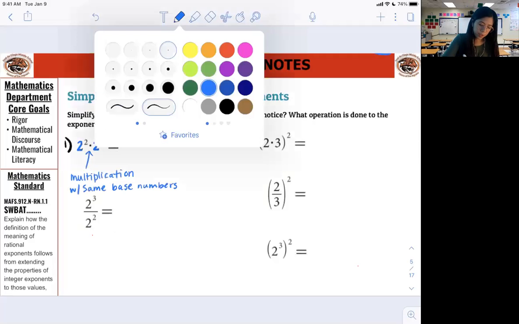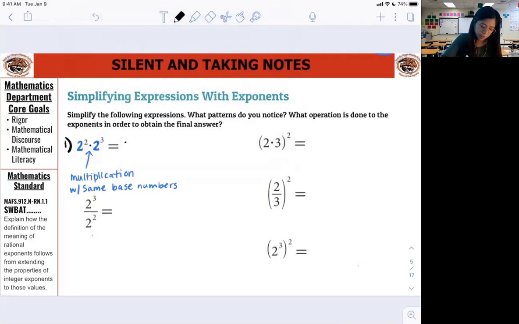We know that this is the same as 2 times 2, that's 2 squared, and then 2 times 2 times 2, 2 to the power of 3. So how many 2's are there in total? 5. 5, right? So I can rewrite this as 2 to the power of 5.